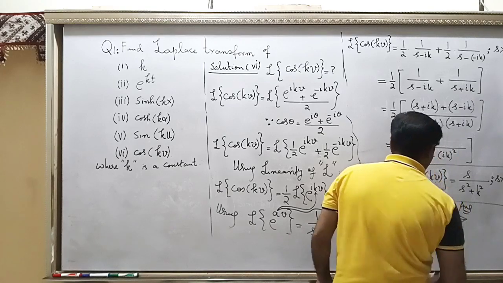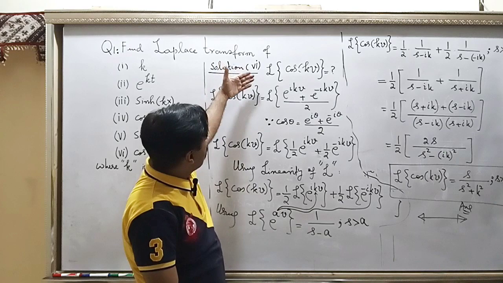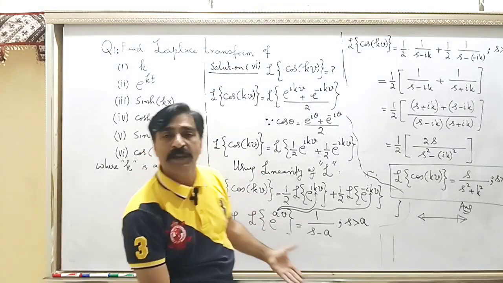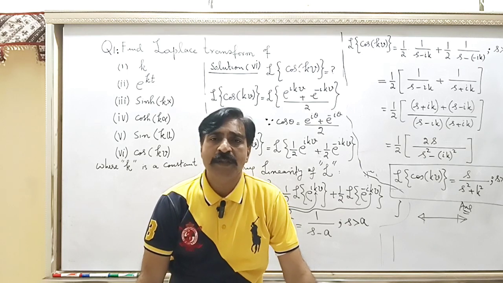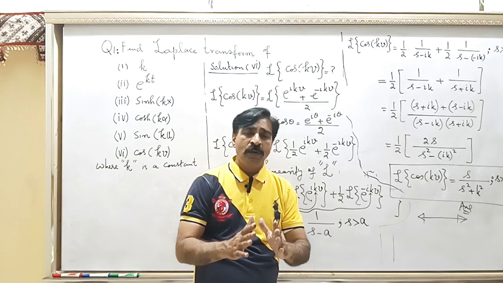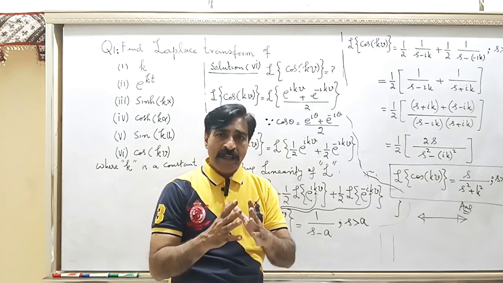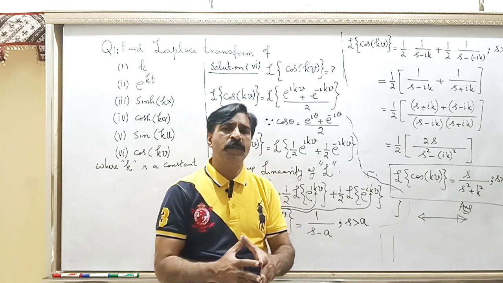I hope you have some understanding of how the transforms are utilized, how the transforms are found and calculated, and you should keep in mind what the formula is for the Laplace transform of a constant.